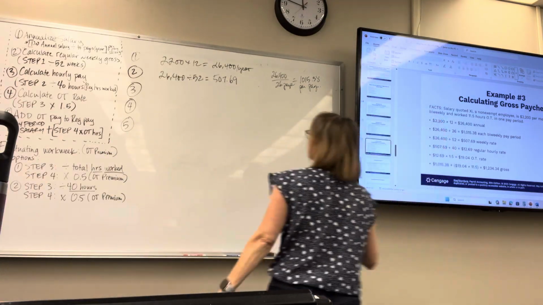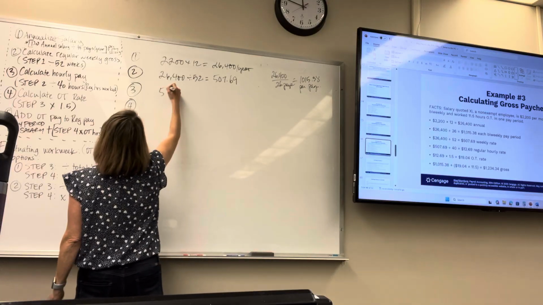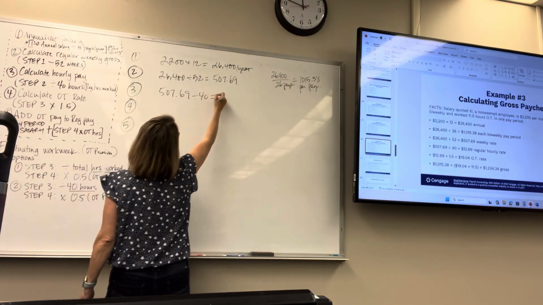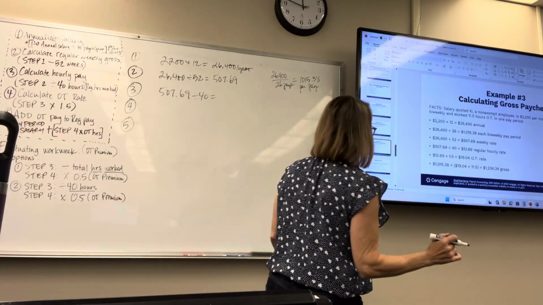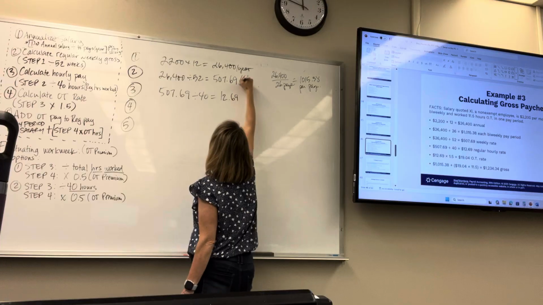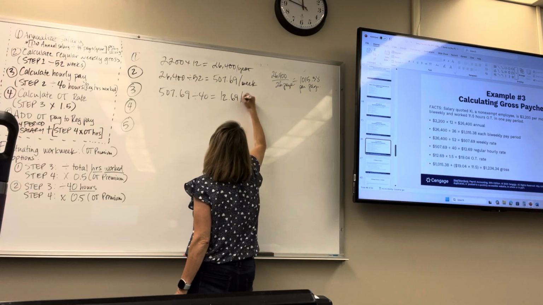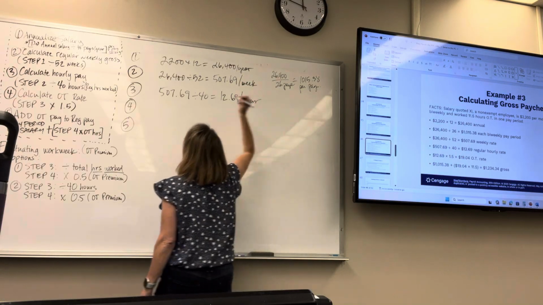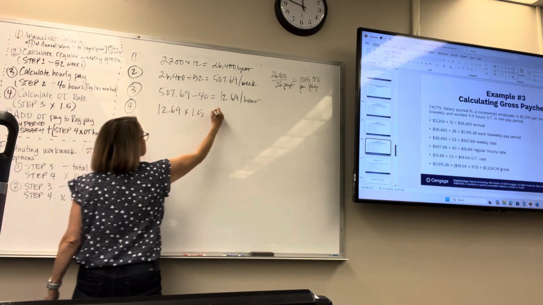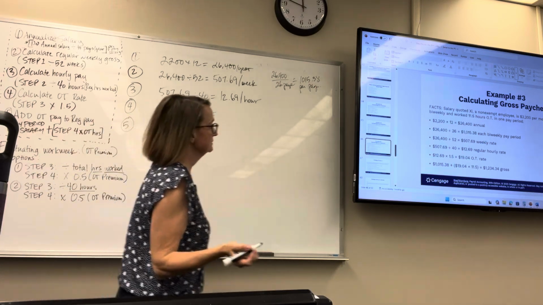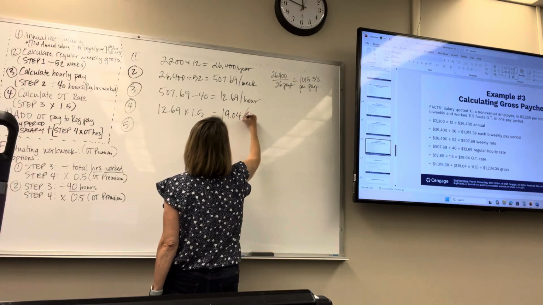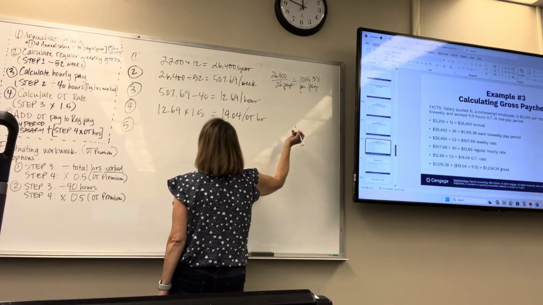Then we're going to take that 507.69 divided by 40 to get us our hourly rate, $12.69. Get our overtime rate, $19.04 overtime per hour.